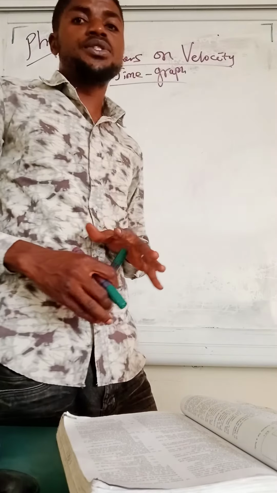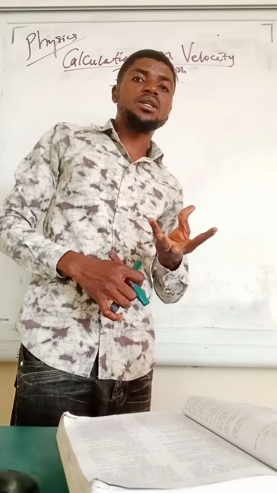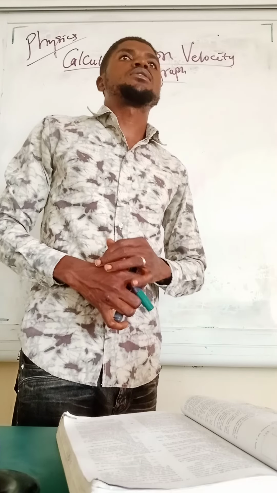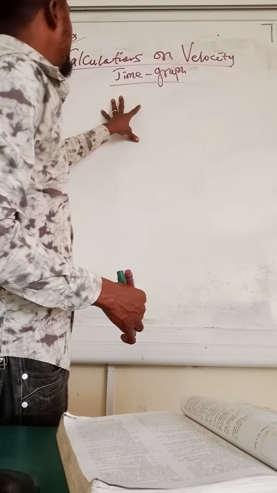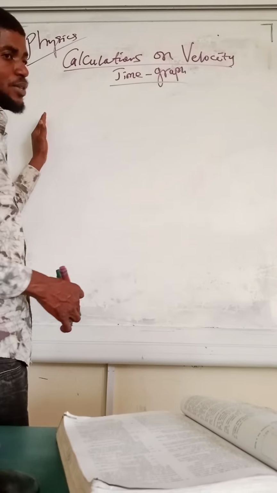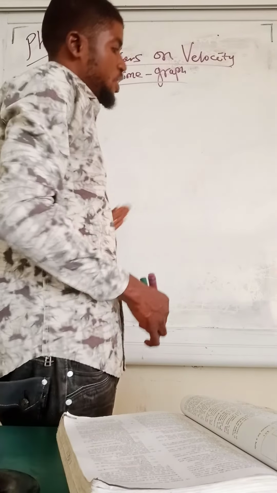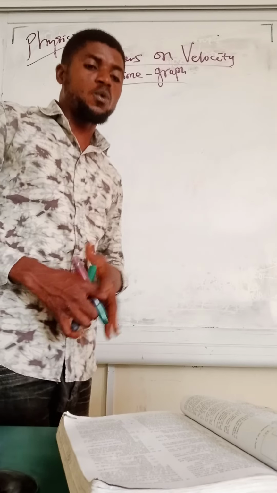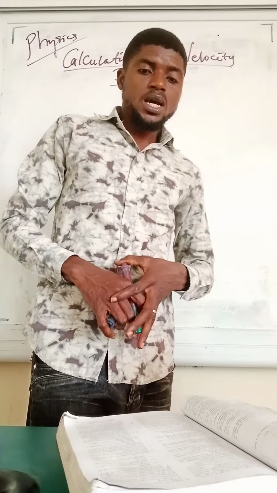Velocity time graph is a graph that depicts the acceleration of a moving object. When we say velocity time graph, it simply means a graph of velocity against time, that is, velocity on the vertical axis and time on the horizontal axis. The slope of such a graph will give you the acceleration of a moving object.